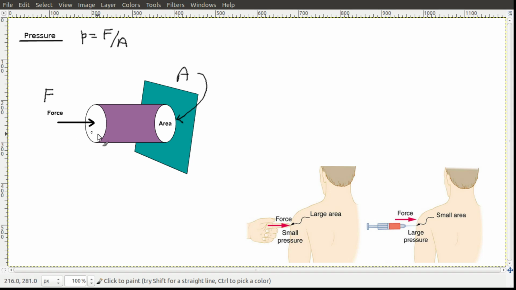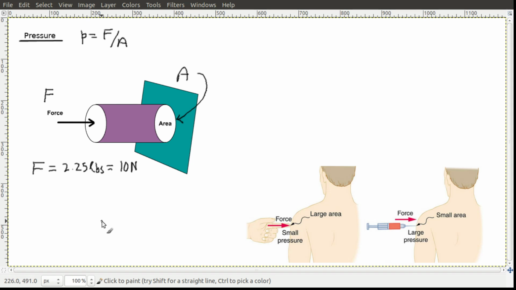Let's say, for example, here we're pushing on this rod, on some sheet. Maybe this is a piece of plywood or something. We're pushing on it. Let's say that force is 2.25 pounds of force, which is equal to 10 newtons.